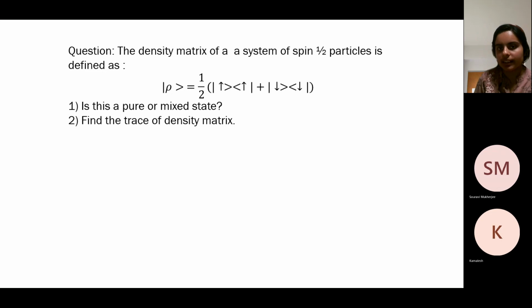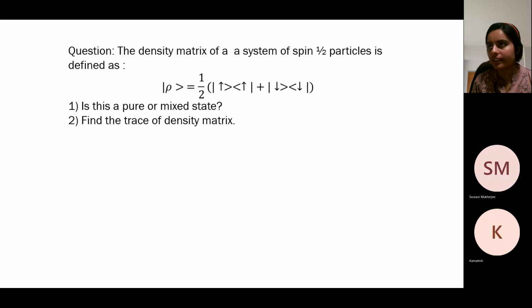So initially in the last question, you were in a superposed state, but that was the only possible microstate. In this question, what this density matrix is telling you is that you can be in two possible microstates. One is an up state, one is a down state.